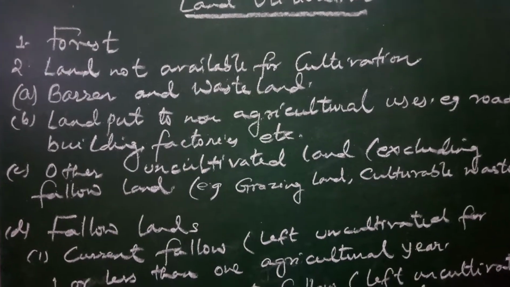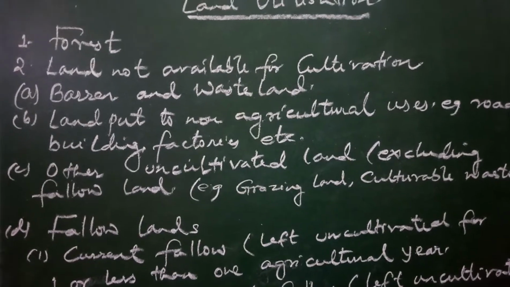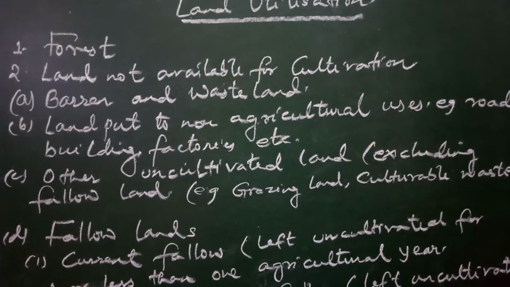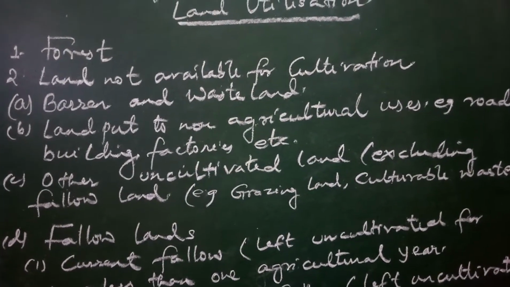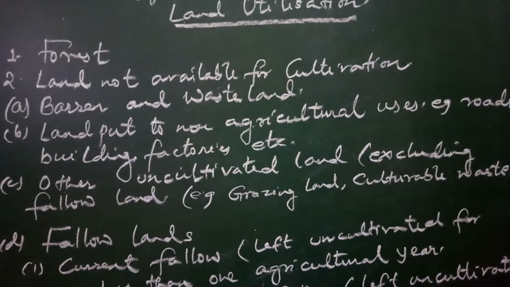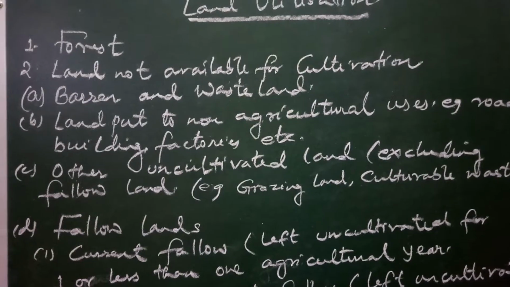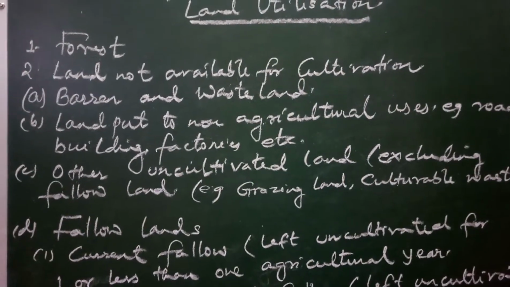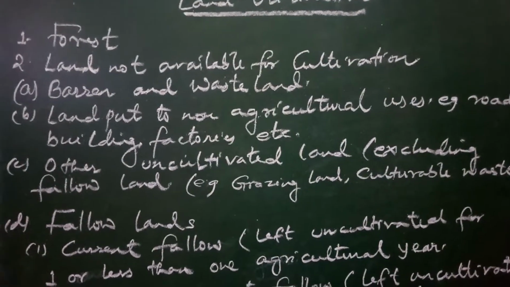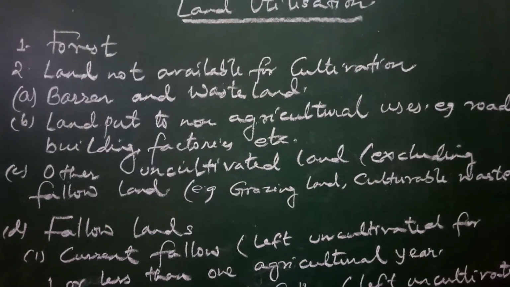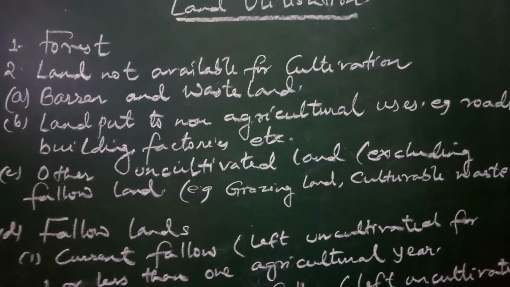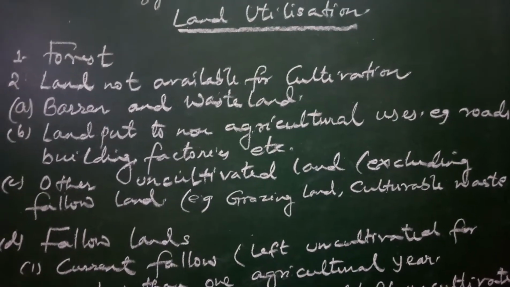Number three, other uncultivated land excluding fallow land, means we are not including fallow land in that. Fallow lands we will have as a separate category. So we have other uncultivated land which does not include fallow land.